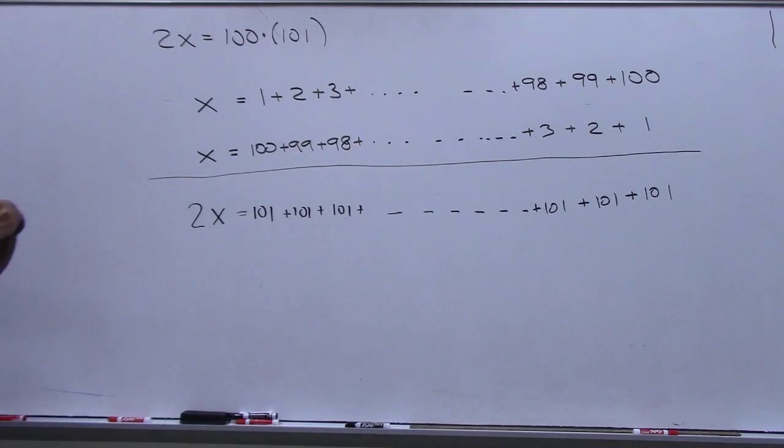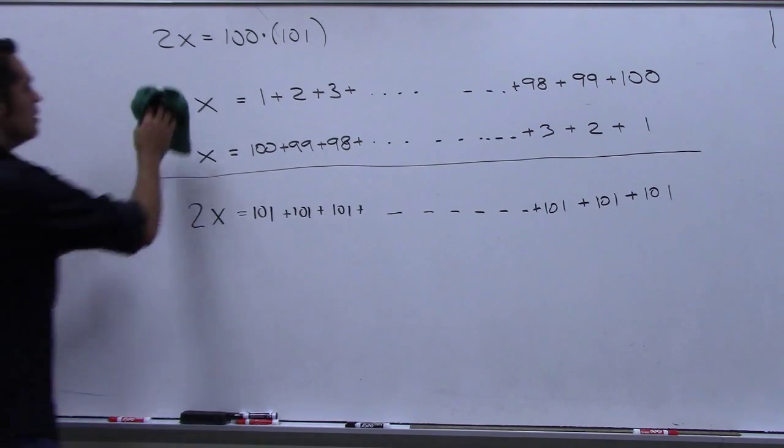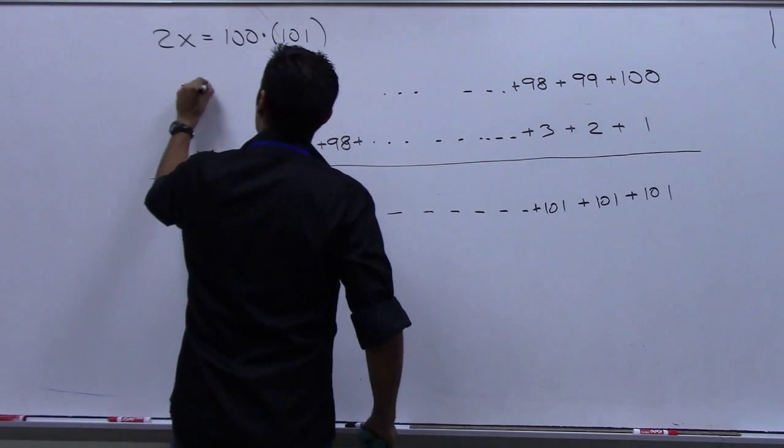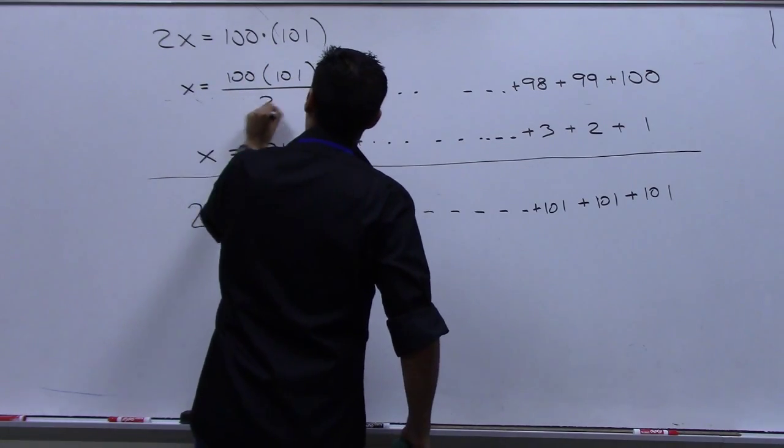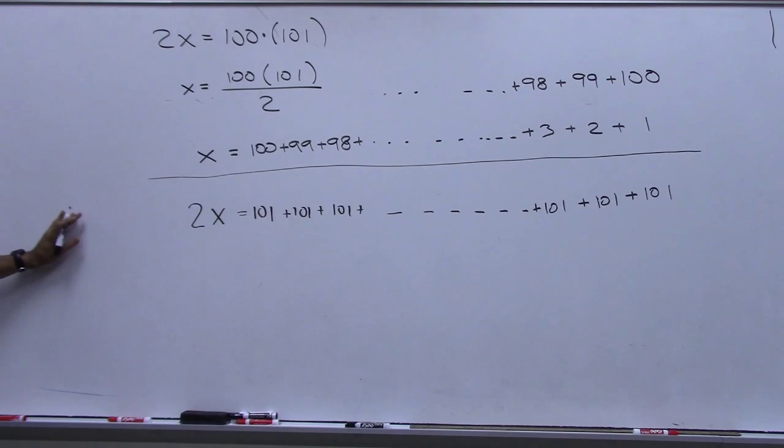That's the same as adding 101 100 times. Multiplying is repeated addition. So that's what that means. And then divide both sides by 2, and you get x. So if I divide both sides by 2, I get what that sum would be, right?